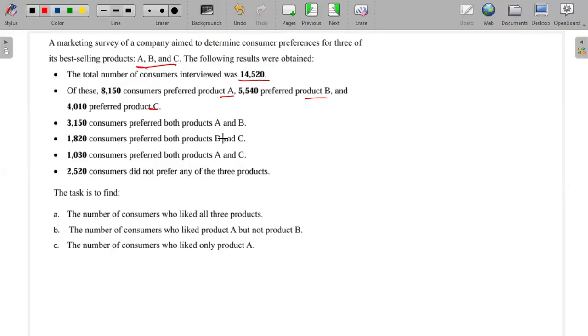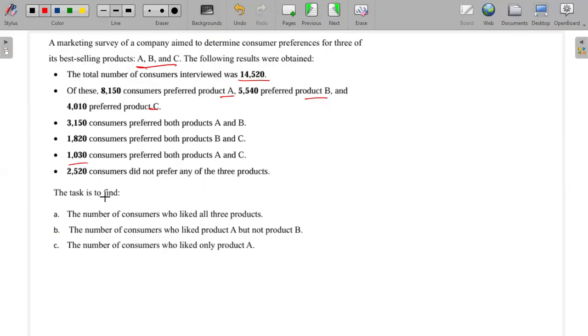Those that preferred product B and C were 1,820. And those that preferred product A and C were 1,030. And then they're telling us that 2,520 consumers did not prefer any of the 3 products.